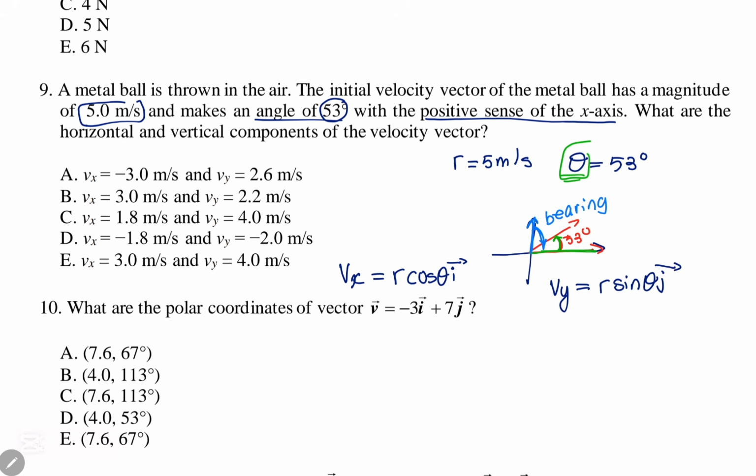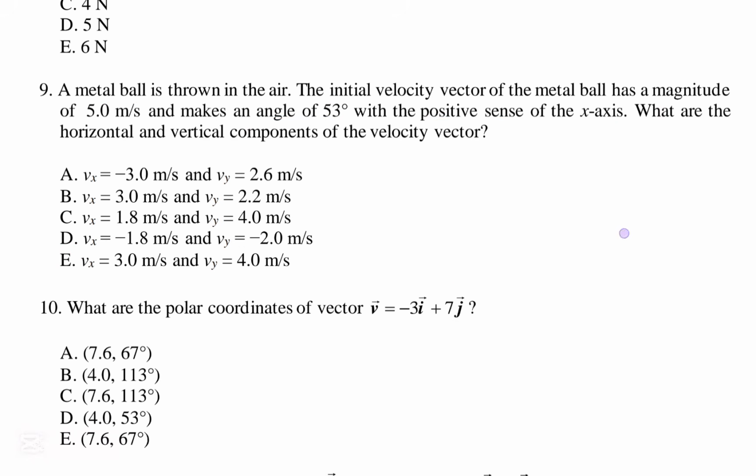Here in this case, they don't want the i and j, and that's fine. It doesn't matter really. So Vx would be R cosine theta, so it would be 5 cosine 53. Put it on your calculator, I got 3 meters per second. And then if I did 5 sine 53, so over here Vy equals 5 sine 53, I would get an answer of 4 meters per second, and that's it for part E. Sorry, for question 9, it is E. Yes, that is the correct answer, okay?